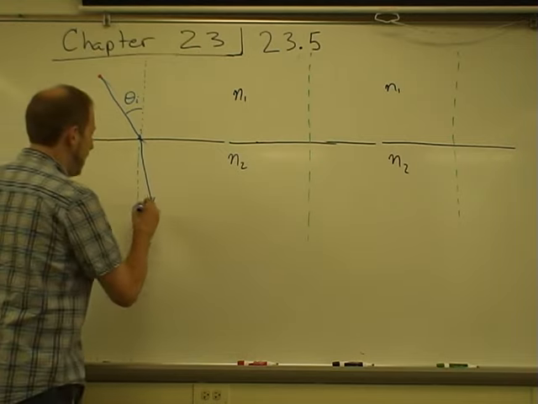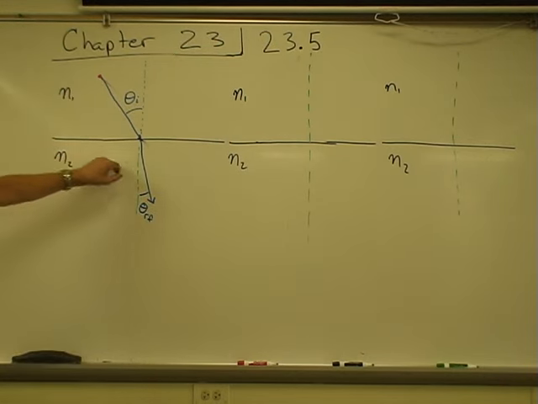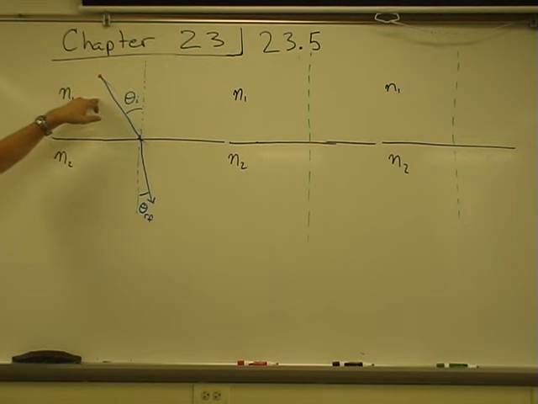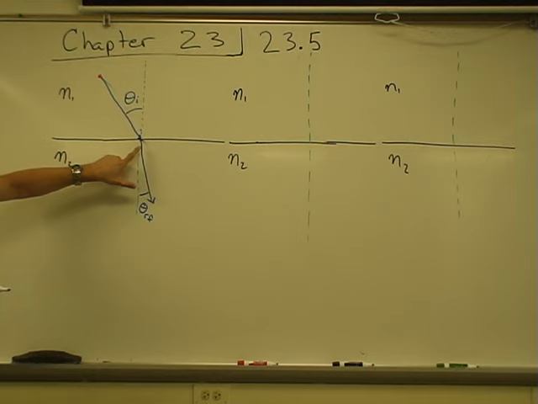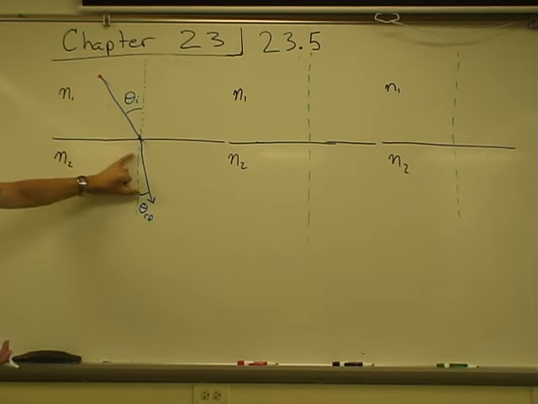But if you're going from a material in which light is moving at one speed and going into a material where it's moving at a different speed, then it serves you well to have a longer path in the material in which light can go faster, and a shorter path in the material where the light slowed down.